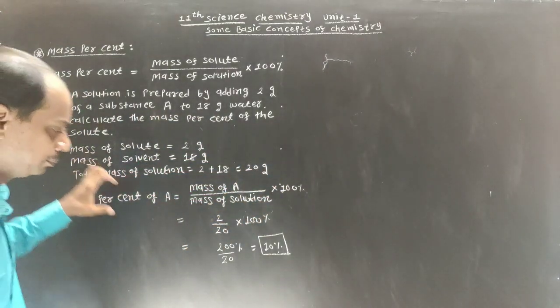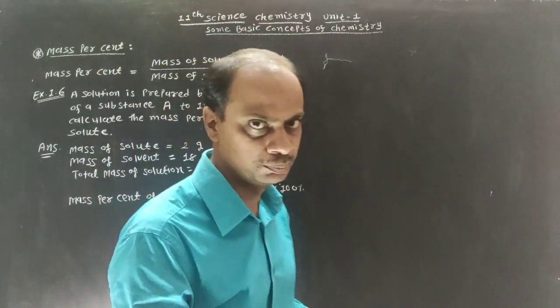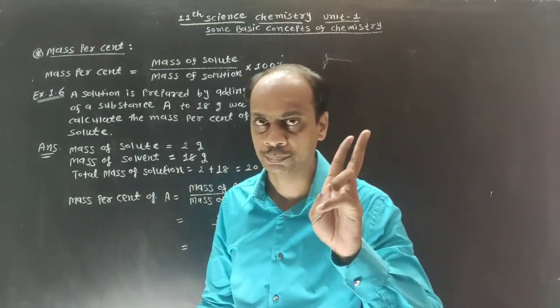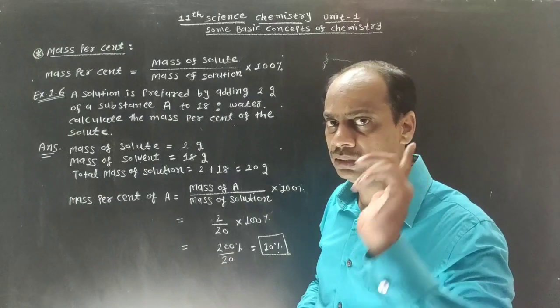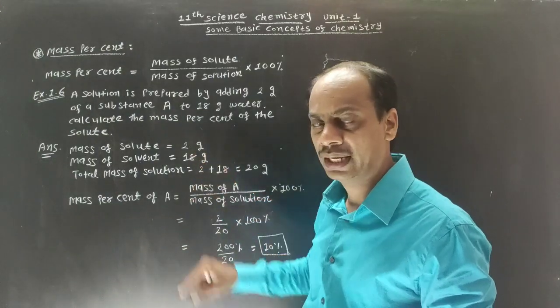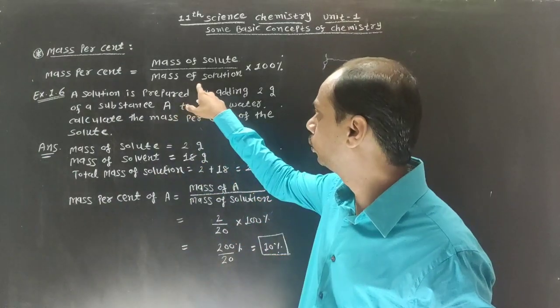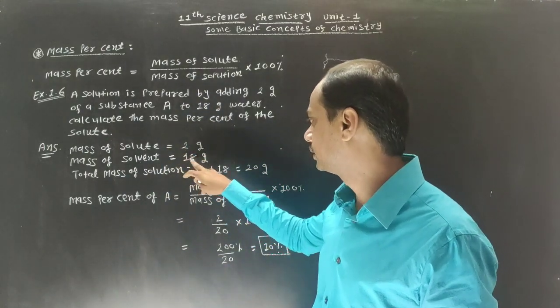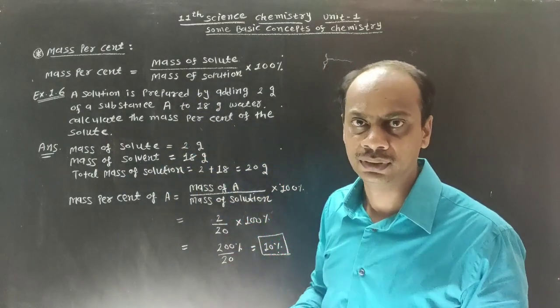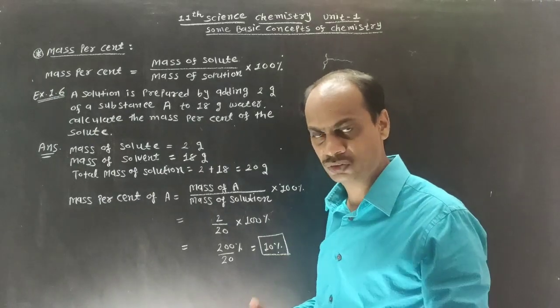Mass of solute is 2 gram. Mass of solvent is 18 gram. And total mass of the solution is 2 plus 18, 20 gram.